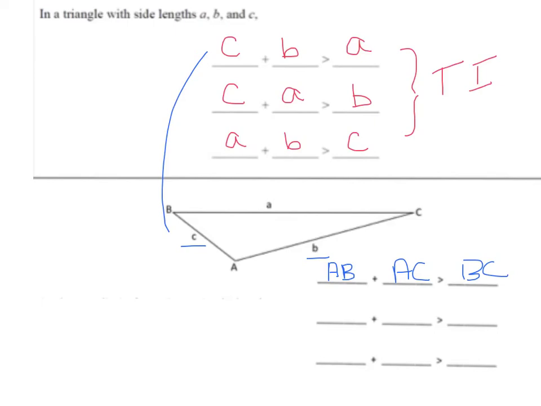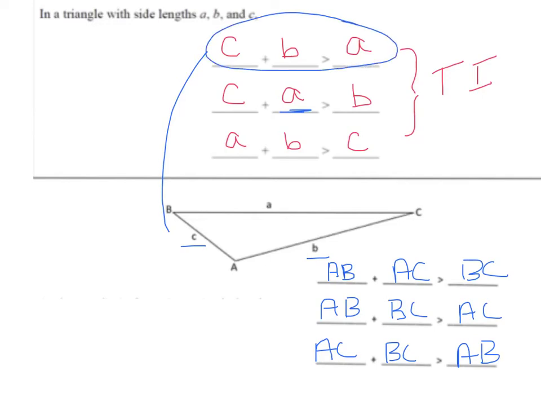I can do that again: C plus A, well, A we said is BC, so AB plus BC has to be greater than AC, and the last one is that AC plus BC has to be greater than AB. So this is another way of looking at the triangle inequality. The first way uses actual side lengths. The second way uses distances between vertices.